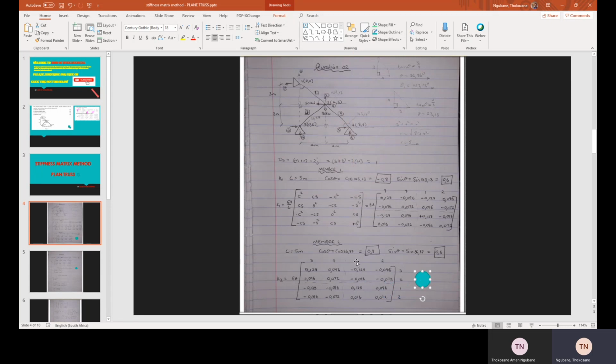We can name this 1 is to 1, and then we're going to add 1 is to 1 for member K1, then add 1 is to 1 for K2, then add plus 1 is to 1 for K3.